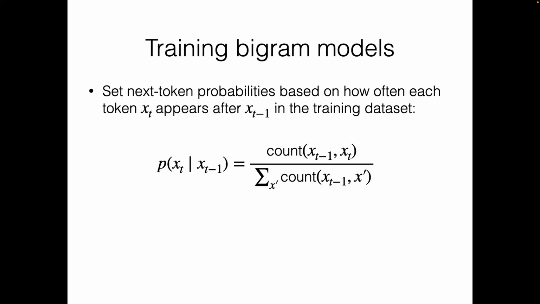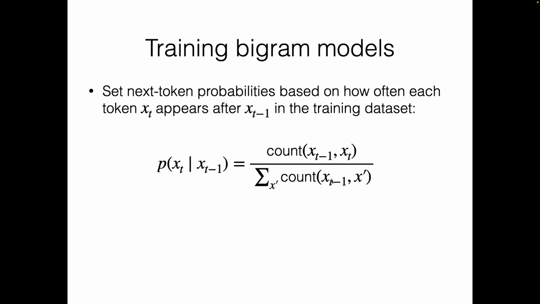Now, given this training data set, the data set will be some sequences. What these really simple count-based bigram models do is they set the next token probabilities based on how often each token appears after another token in the data set. So you go through and look at each token xt minus 1 and the token after it, and you count up how many times that occurs.